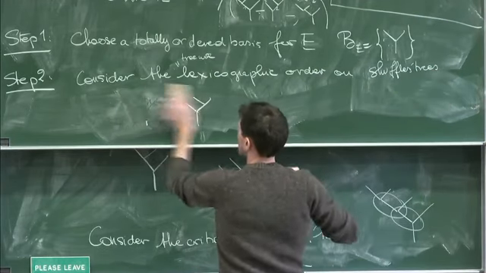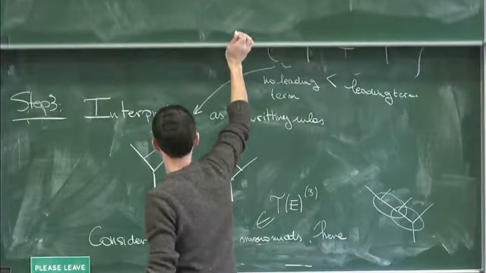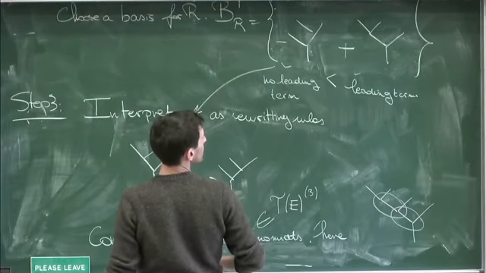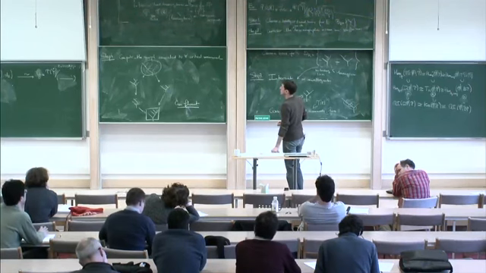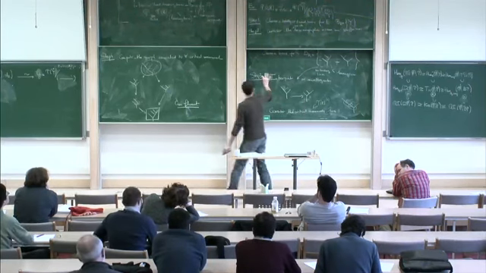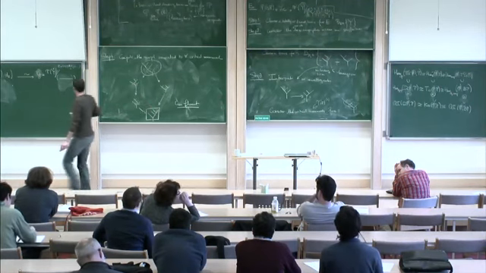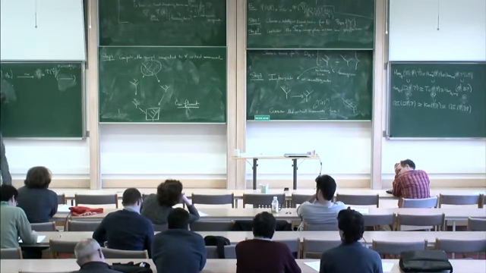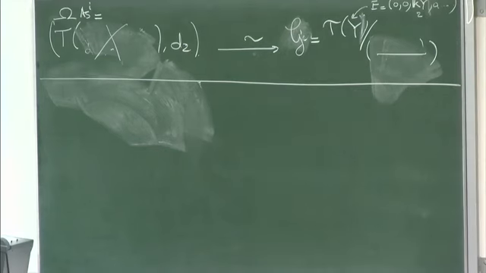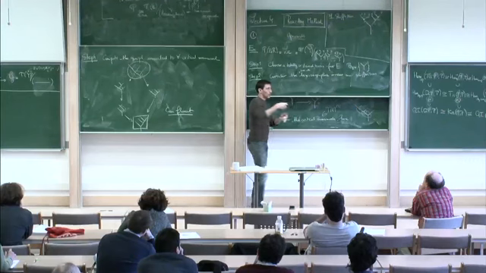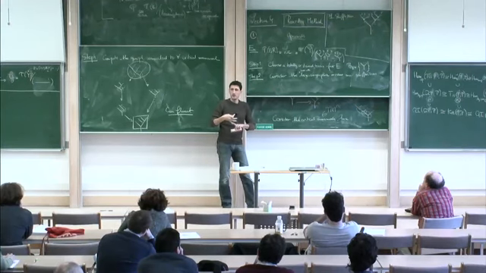Okay, so how do you decide? Give me a second. I want to keep that board. Okay, so you need an order on shuffle trees such that each time you graft one tree above another, that is the composition in the free operad, this is increasing.